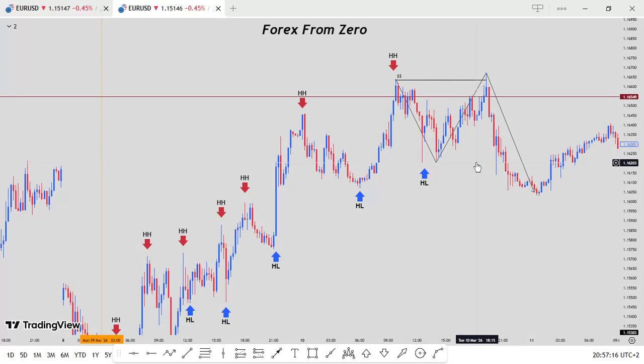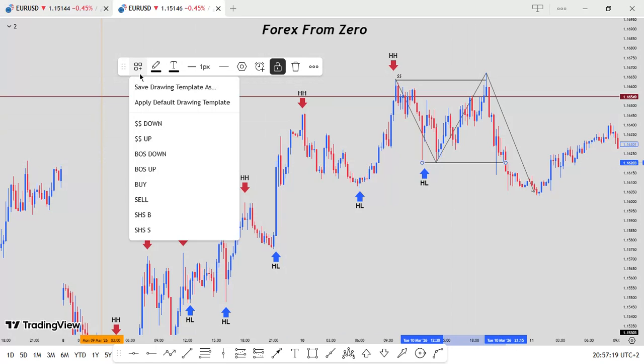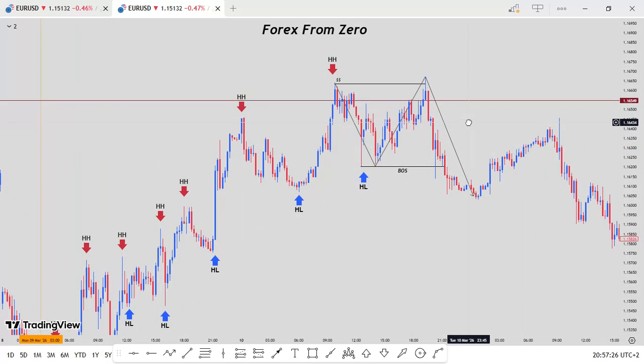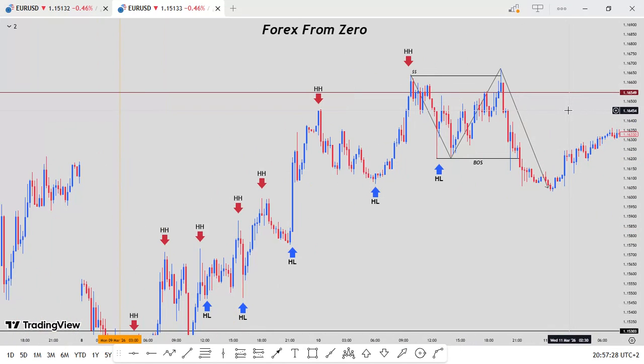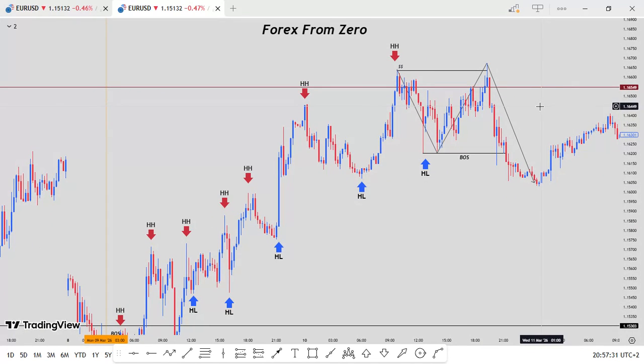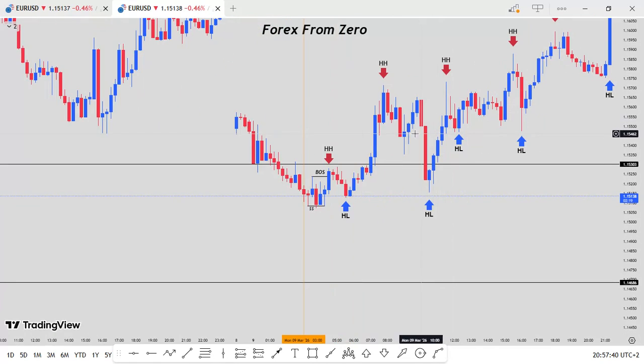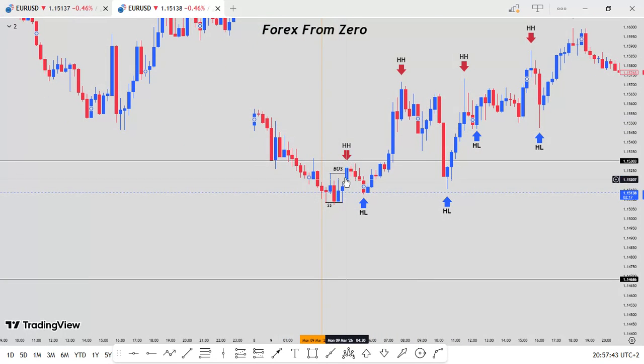And for our break of market structure, I just have to mark break of market structure. And what next do we anticipate from the market? The only thing that we want to see is a pullback to somewhere here in these levels. We had our sweep, our break of market structure, and we had this pullback to start having our buys to the upside.